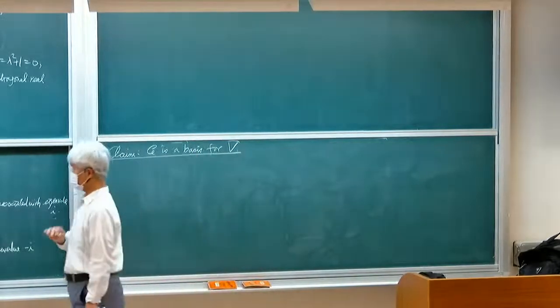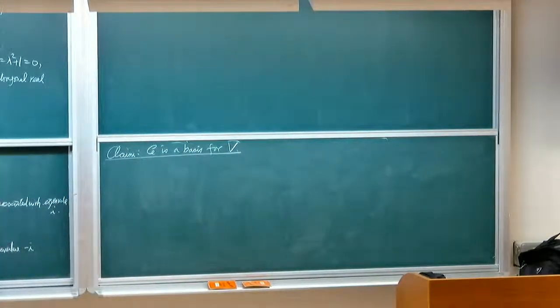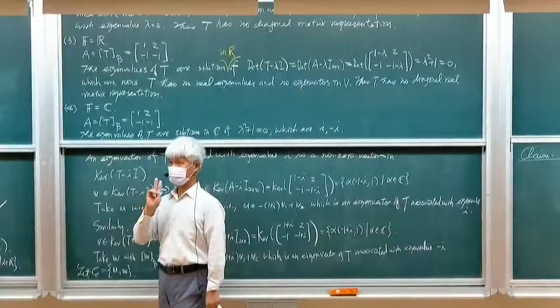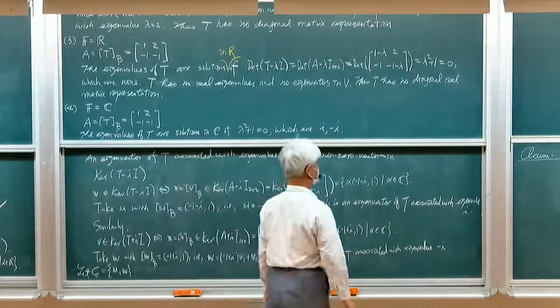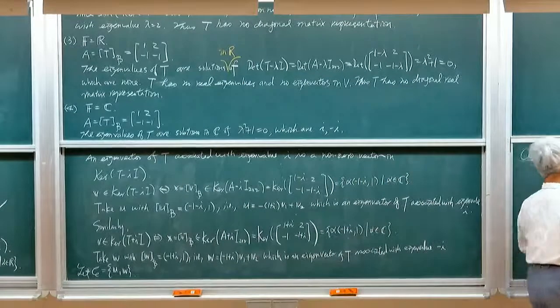Because if C is linearly independent, and the size of C is 2, which is equal to the dimension of V, then this linearly independent set becomes a basis.